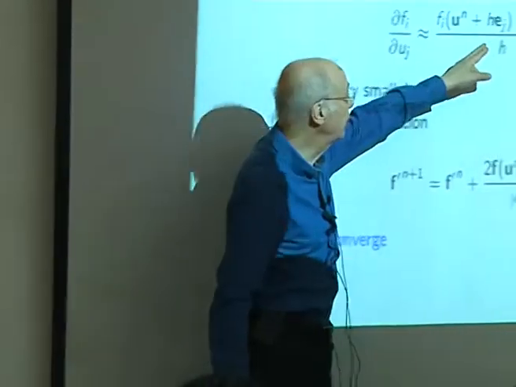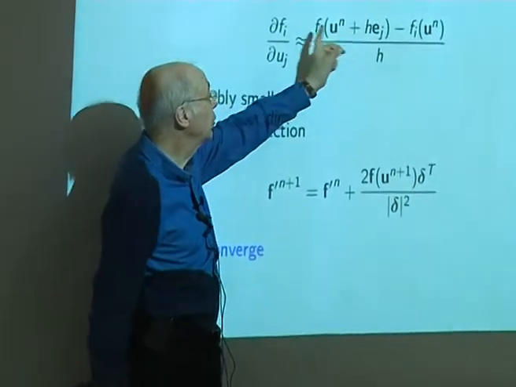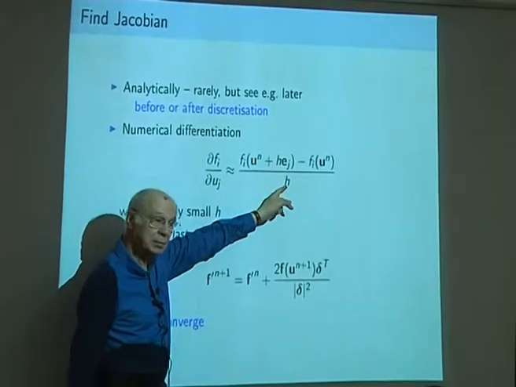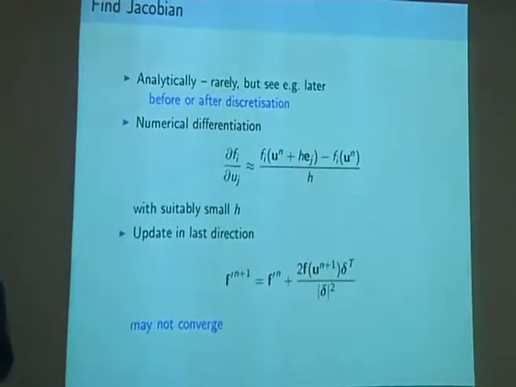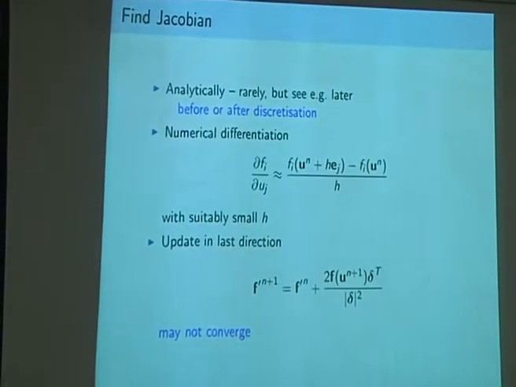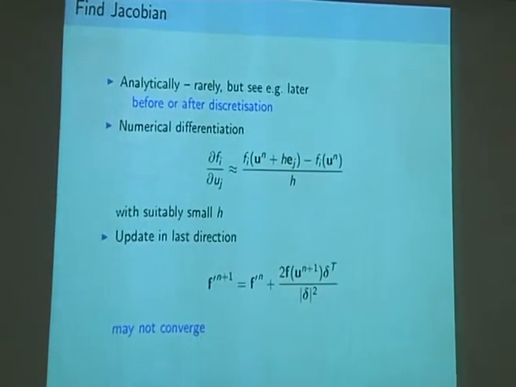You look in the direction of some vector, you move a small distance along it, you see the difference of the function in that direction, and divide by the change. So it's primitive differentiation, and there is an art to make sure h is big enough, but not too big.